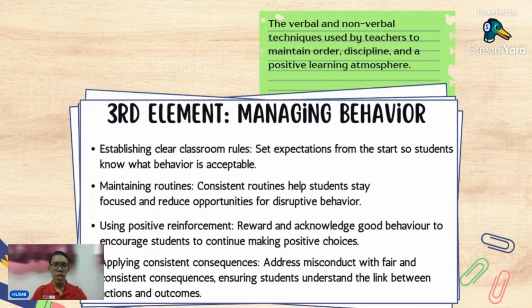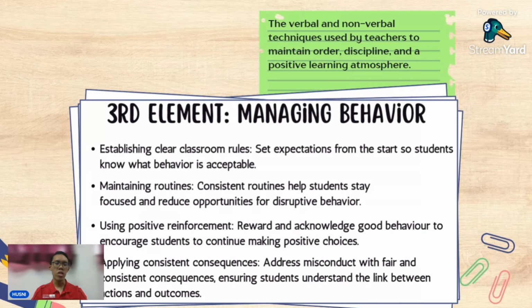The first one is establishing clear classroom rules. Set expectations from the start so students know what behavior is acceptable. The next one is maintaining routines. Consistent routines help students stay focused and reduce opportunities for disruptive behavior.